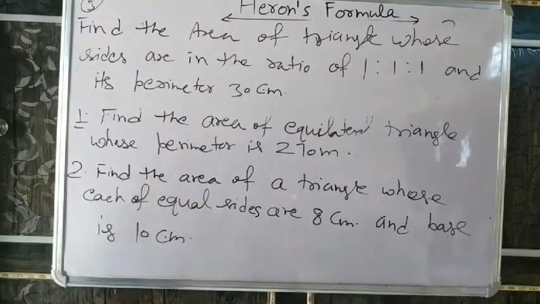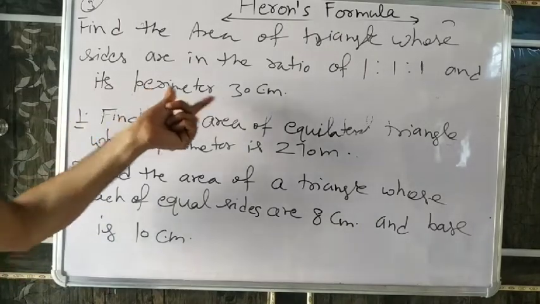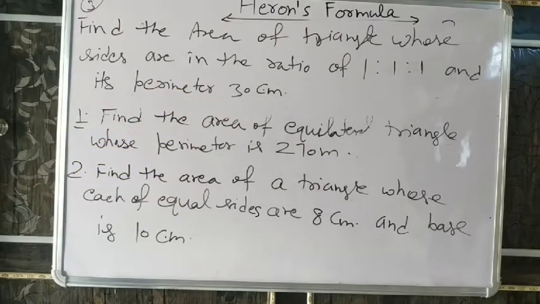Understand? Find the area of a triangle whose sides are in the ratio of 1:1:1 and the perimeter of the triangle is 30 centimeter. Understand? One more question, right, everyone?